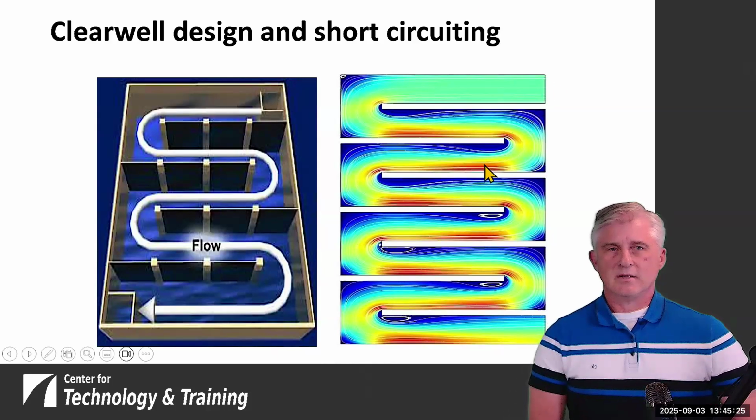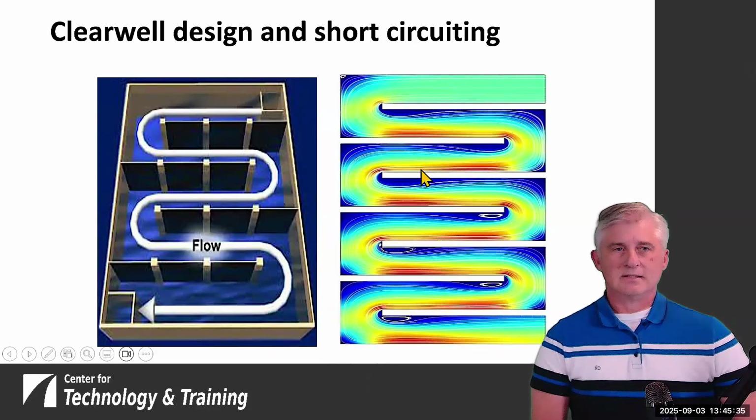So as you can see, in this flow visualization here on the right, the areas in red and orange are areas where there's higher velocity flow. The areas in blue and green are lower velocities. So in theory, we want to get rid of the blues and get rid of the reds and have everything be kind of yellow or green.